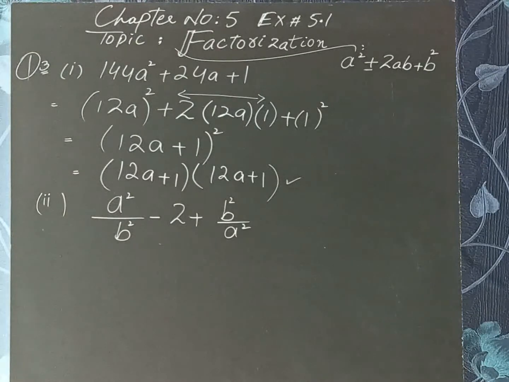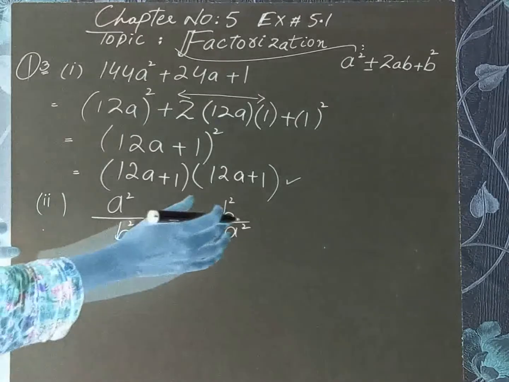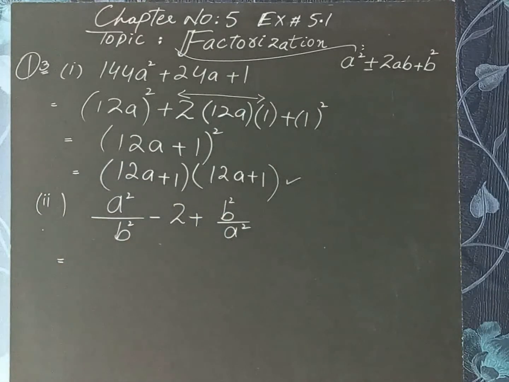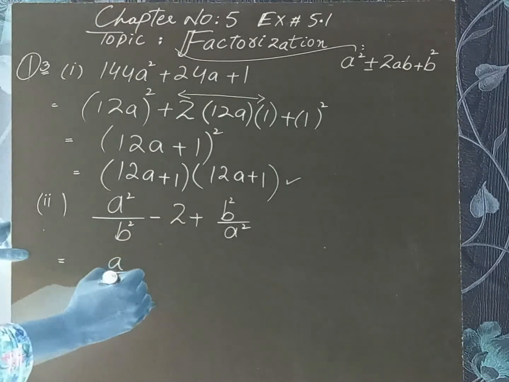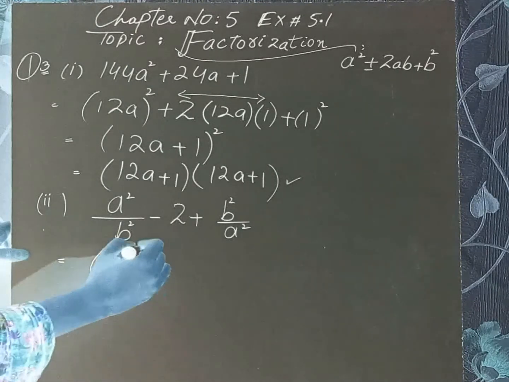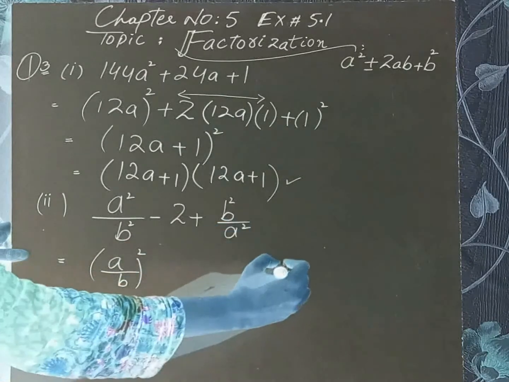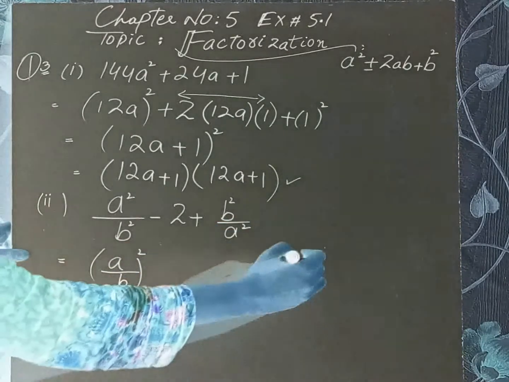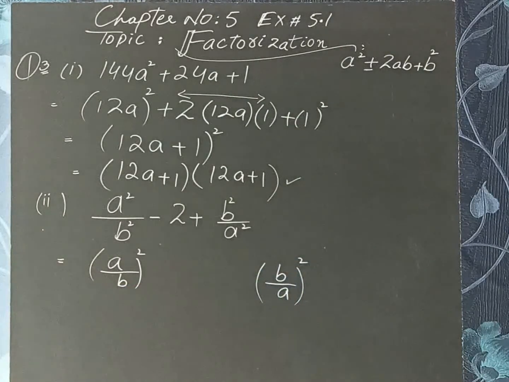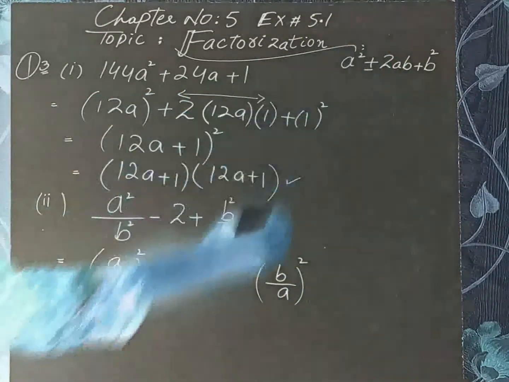There should be two terms which are perfect squares over here. a squared over b squared is the perfect square of a over b, and b squared over a squared is the perfect square of b over a. So I can write it like this: (a over b) whole squared, and this is (b over a) whole squared.